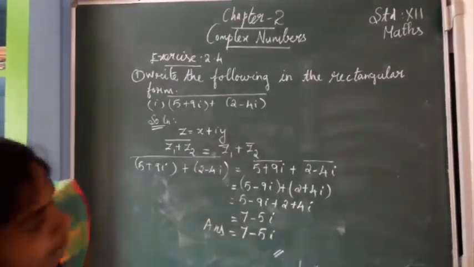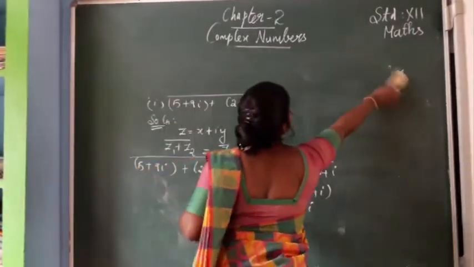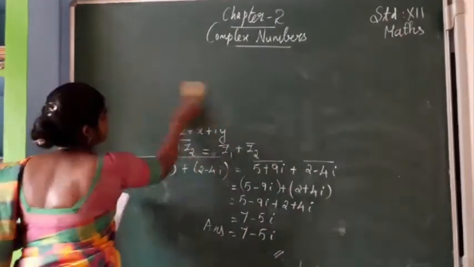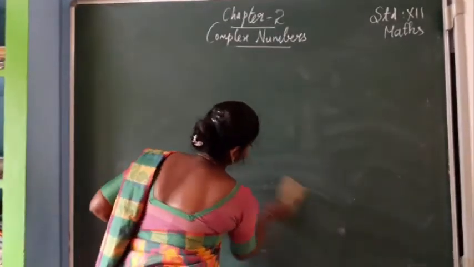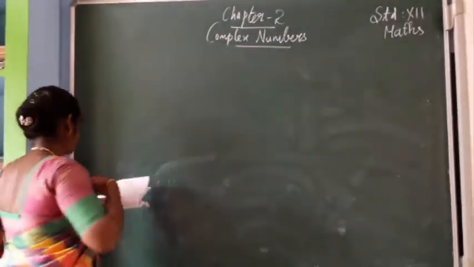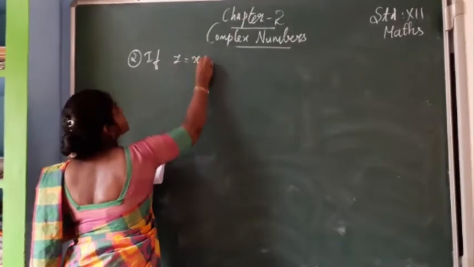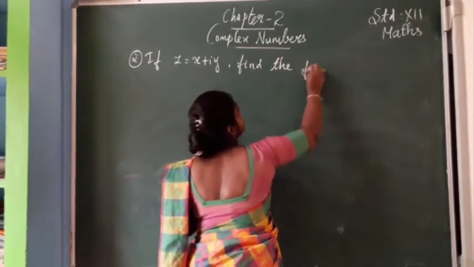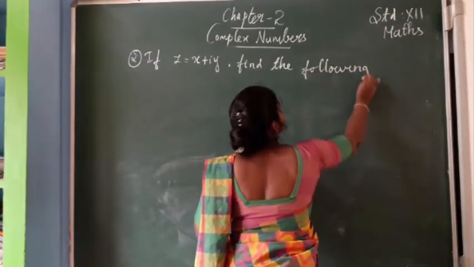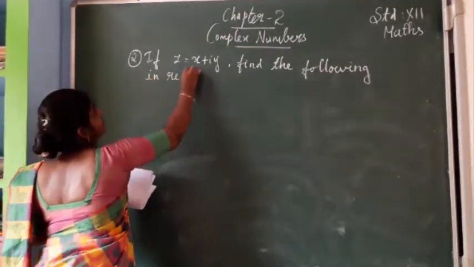So next question. Second question. If z equal to x plus iy, find the following in rectangular form.